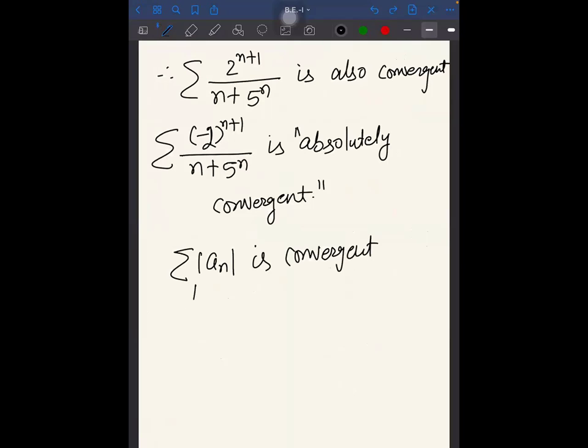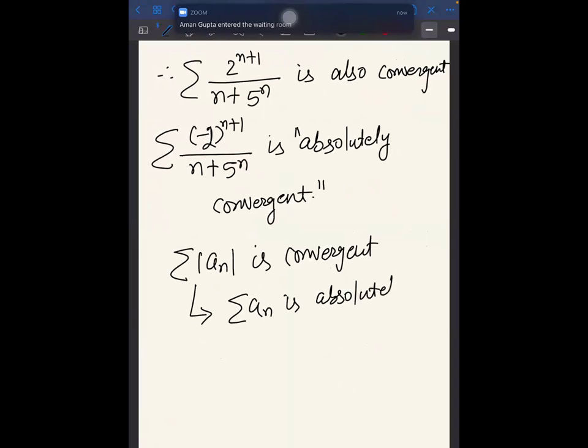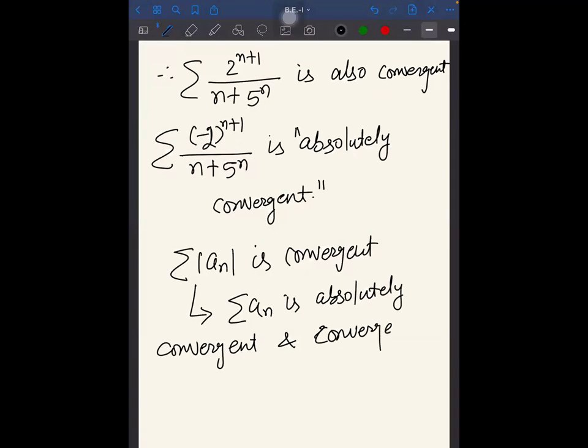Your original a n is absolutely convergent, and since absolute convergence implies convergence, it is regularly convergent. But if it is divergent, then what are you gonna do?